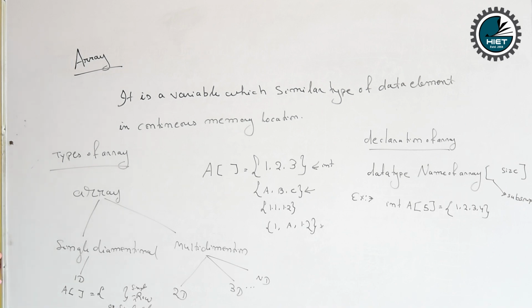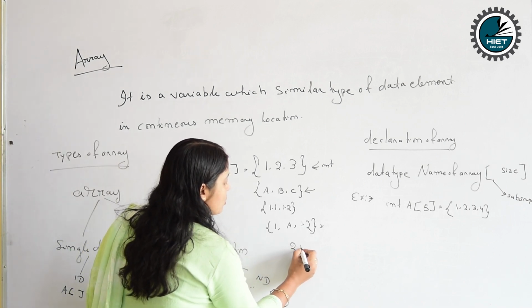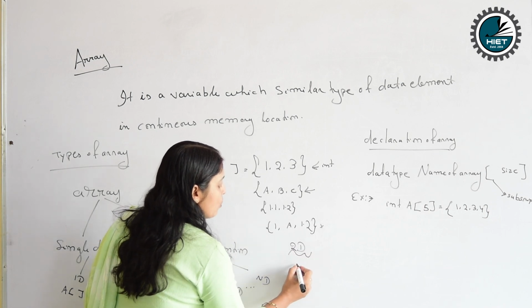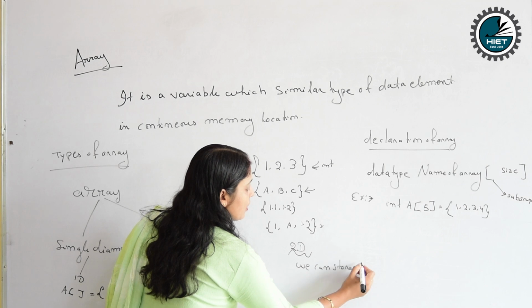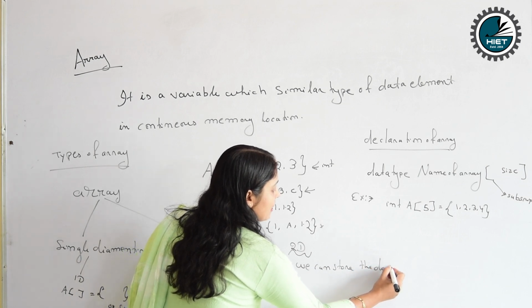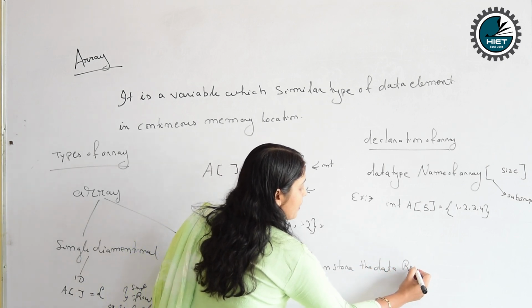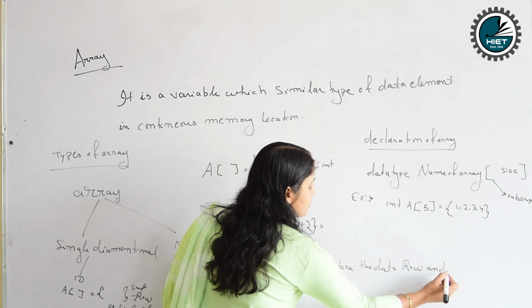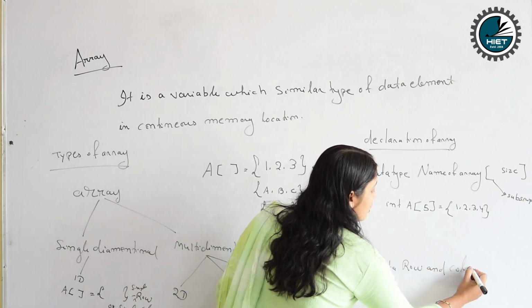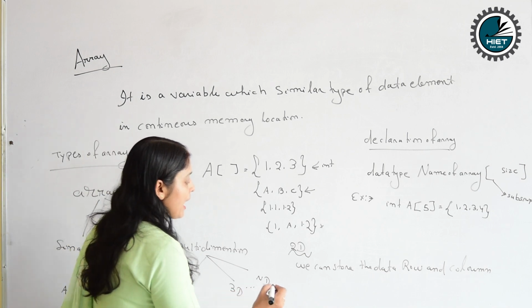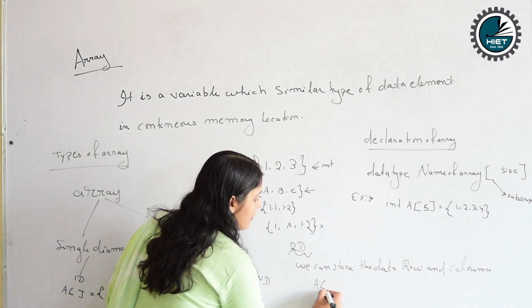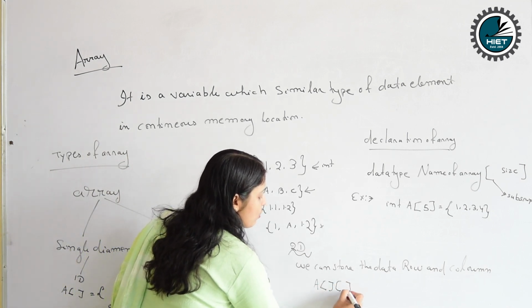That is one dimensional. In 2-dimensional, we can store the data in row and column form. That's why we are representing the two-dimensional array in this way.